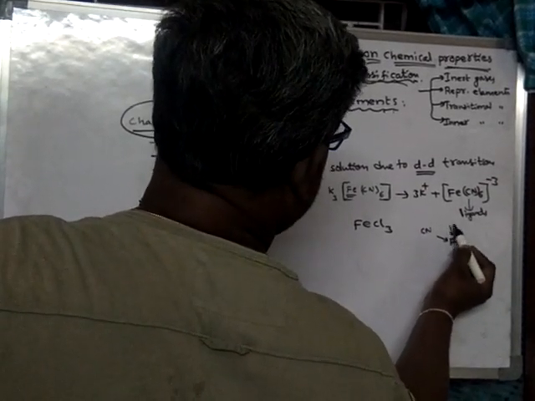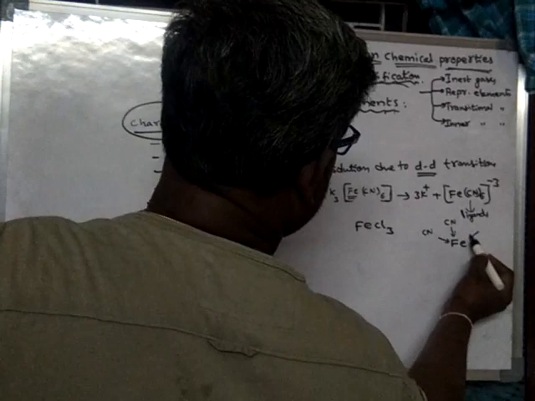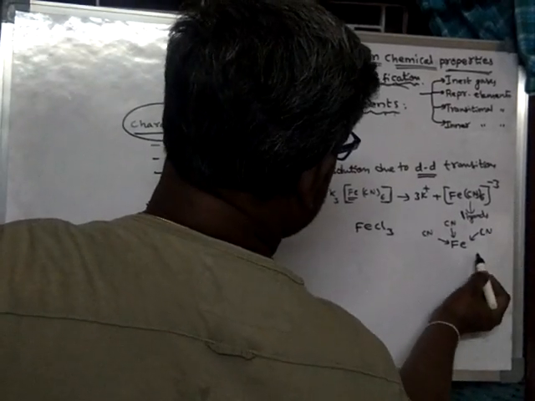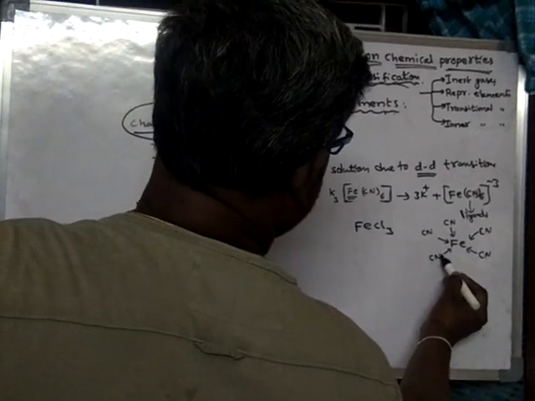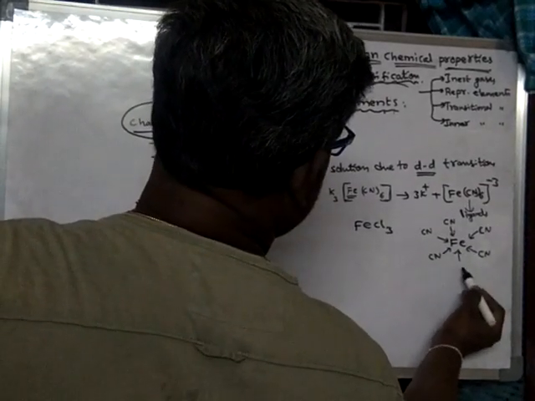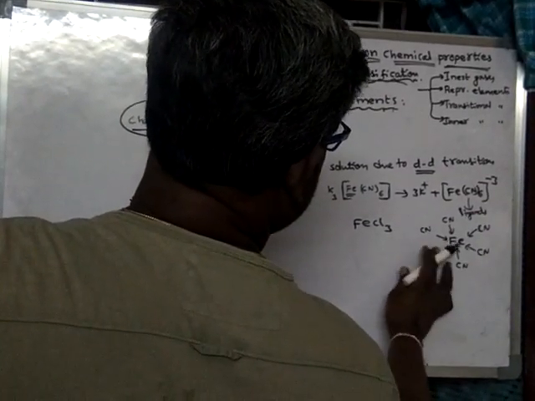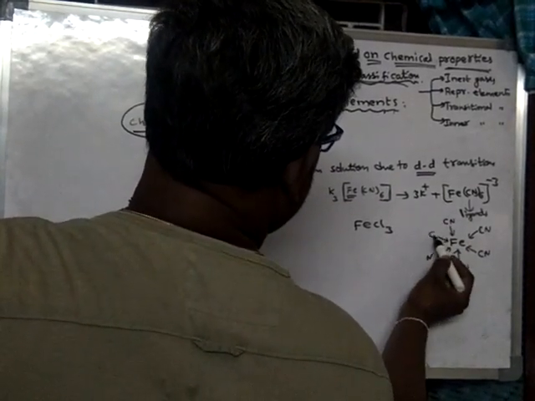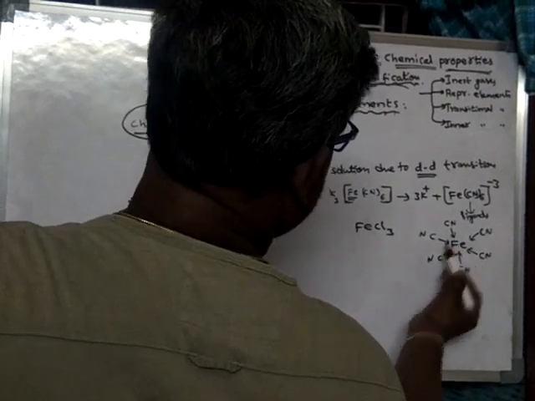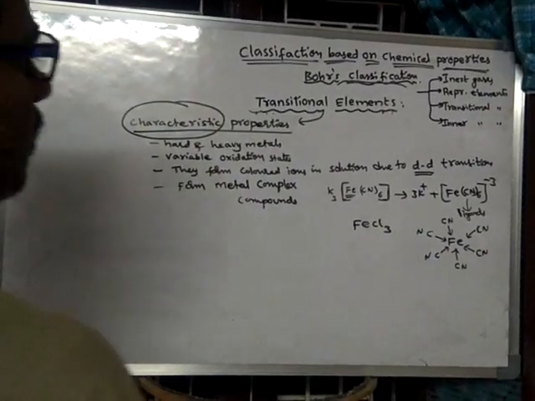There are 6 ligands which supply an electron pair to this iron, like cyanide through carbon. From carbon, these 6 electron pairs will enter into iron.